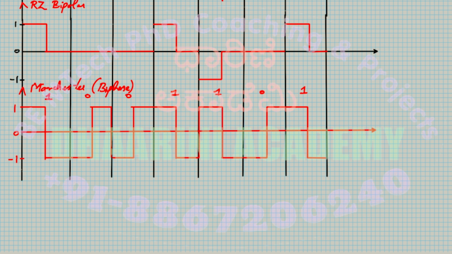At the same time, zeros are represented in the reverse phase: for the initial half bit duration it is minus 1, then it will be plus 1. So phases are reversed for 1 and 0 here. If you represent this kind of notation throughout your signaling period, the waveform you get is considered as Manchester form.